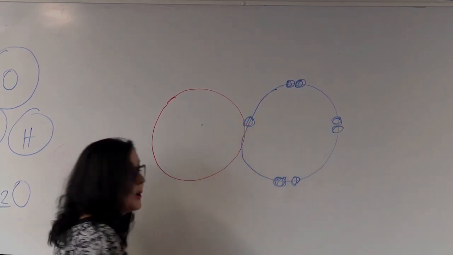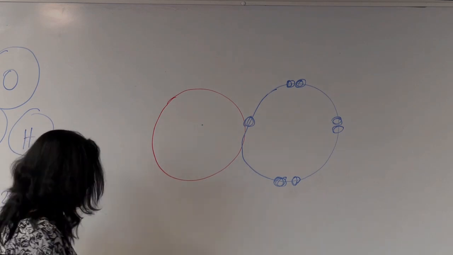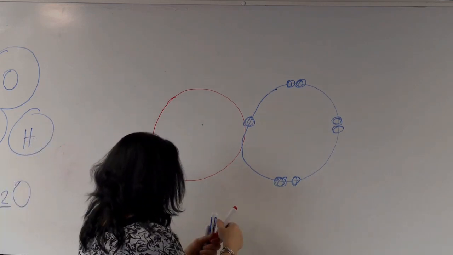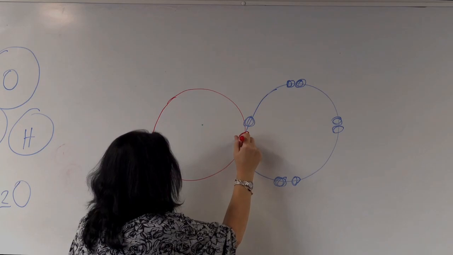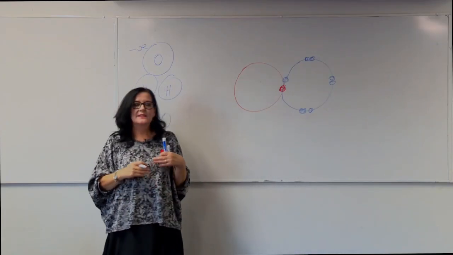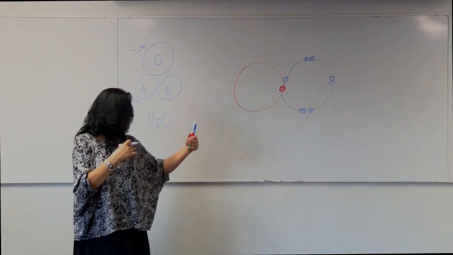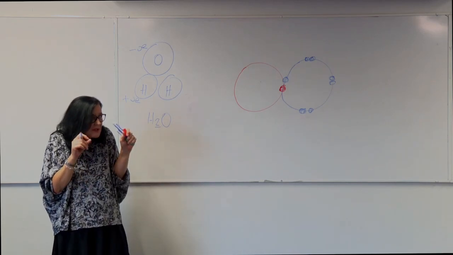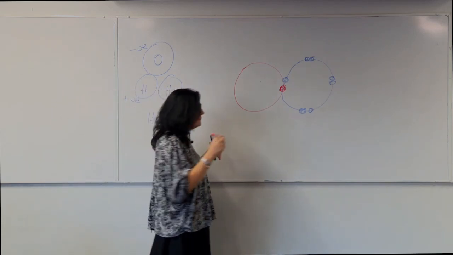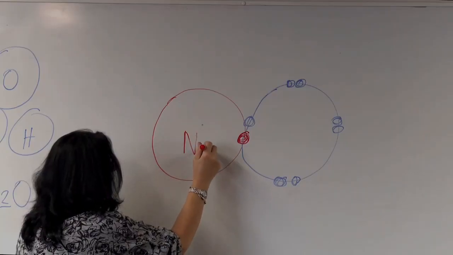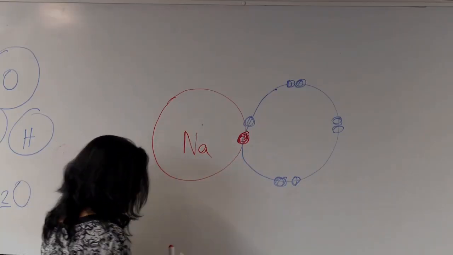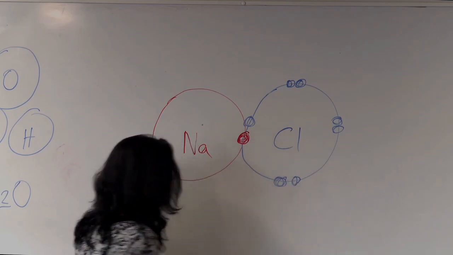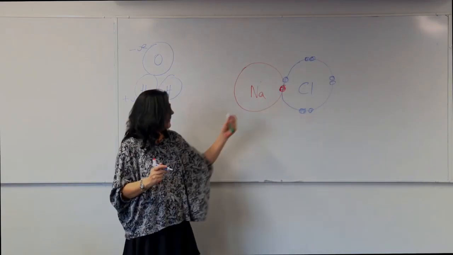And of course, we're sharing an electron. Or in actual fact, really, it's an ionic bond, so sodium has donated the electron to chlorine, but it's hanging on to it. Sodium and chlorine gives us NaCl.